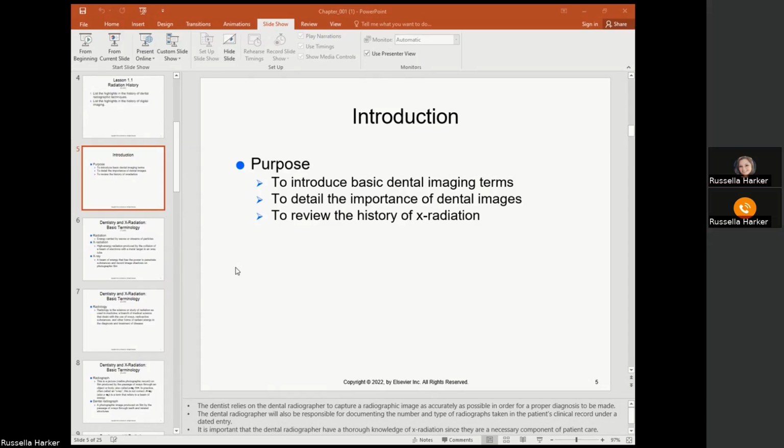X radiation: high energy radiation produced by the collision of a beam of electrons with a metal target in an X-ray tube. We're also going to be going over how all of these words fit together, how radiation works, how to produce the energy to produce X-rays.